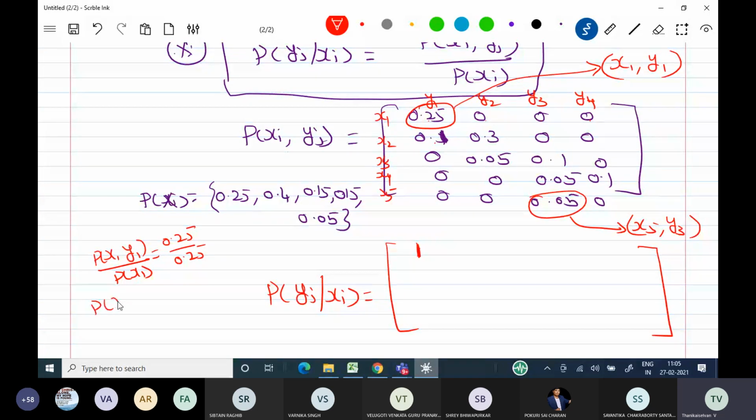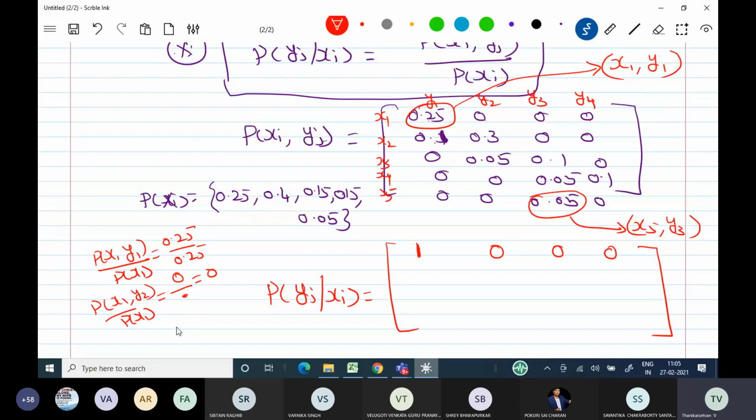Similarly, probability of x1 comma y2 divided by probability of x1: x1 comma y2 is 0, so 0 divided by whatever it may be is 0. The remaining 3 components are also 0.